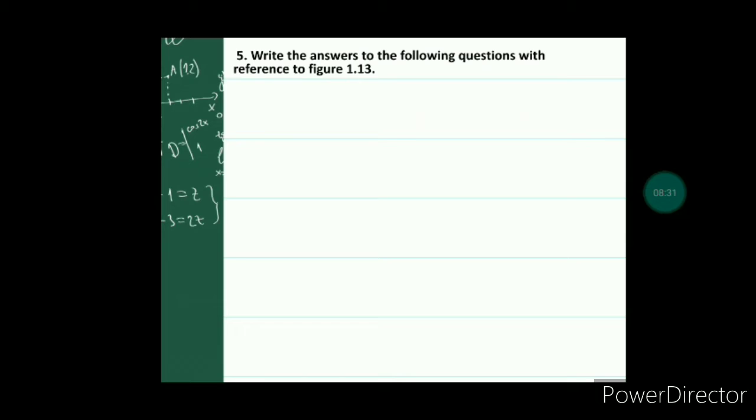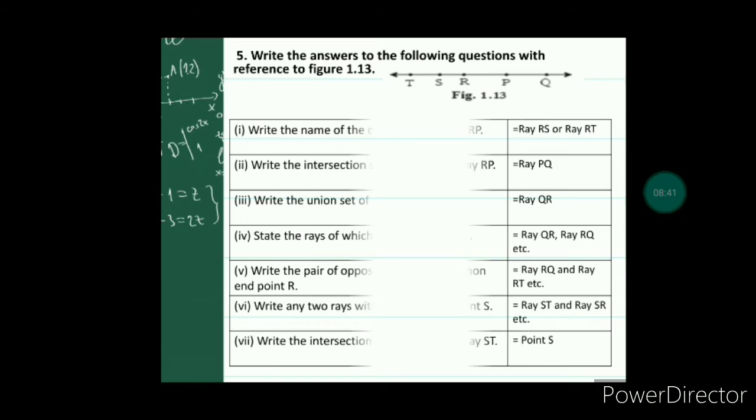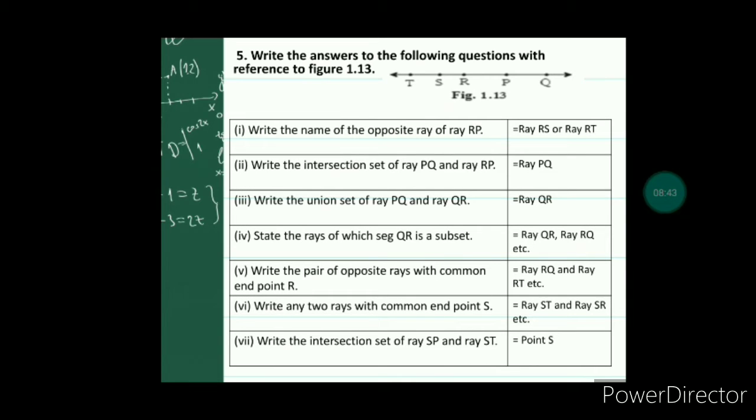Fifth question is, write the answers to the following questions with reference to figure 1.13. First one is, write the name of the opposite ray of ray RP. The opposite ray of ray RP is ray RS or ray RT.